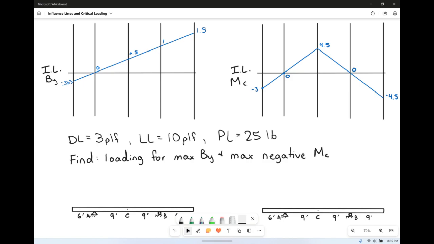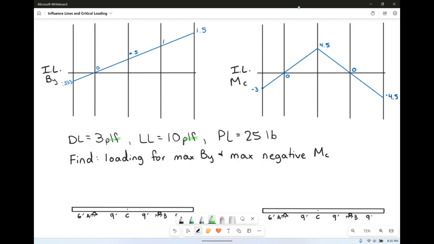We're going to have a dead load that's 3 pounds per linear foot. We're going to have a live load that's 10 pounds per linear foot. And we're going to have just one point load of 25 pounds. Now we can put these where we want for the most part. Remember that a dead load and a live load act over an area, right? Because they are in pounds per linear foot here.